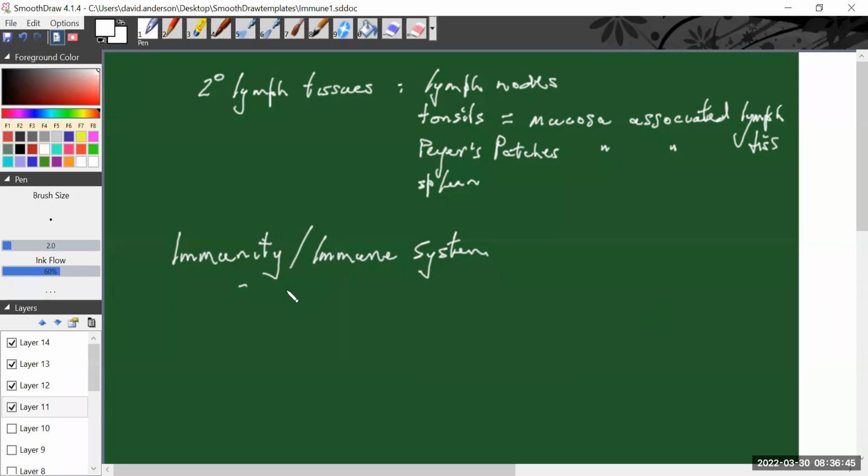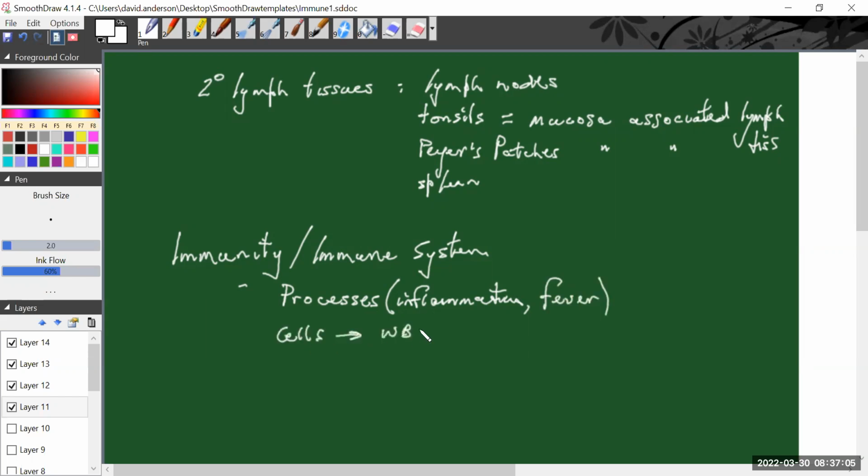So we've got processes. And when I say processes, I mean things like inflammation and fever. We've got cells.